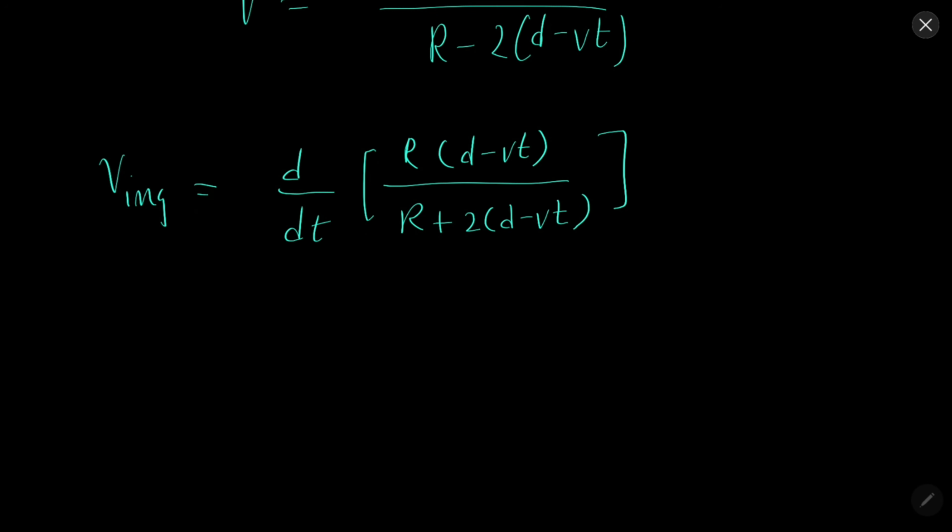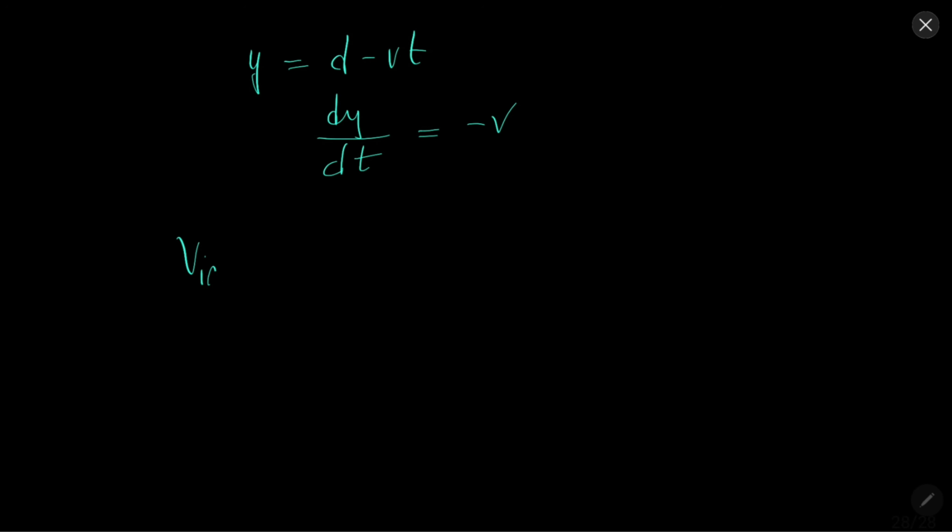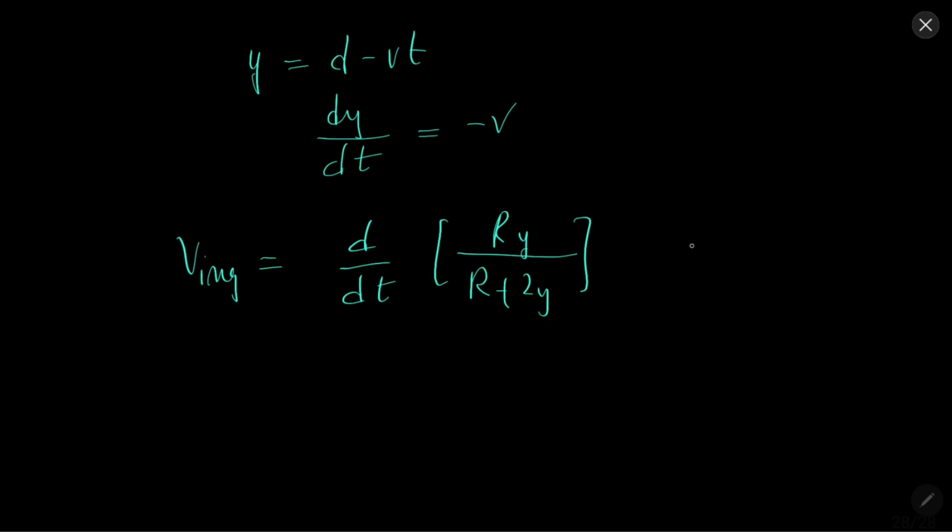So what we will get is dy equal to d minus vt, dy by dt equal to minus v. So d by dt of ry over r plus 2y.